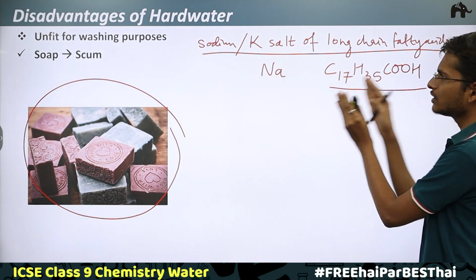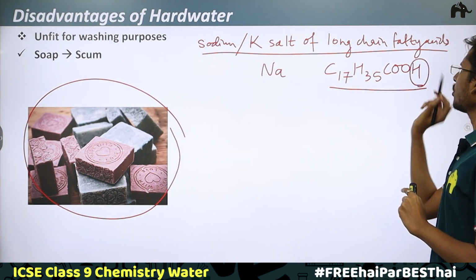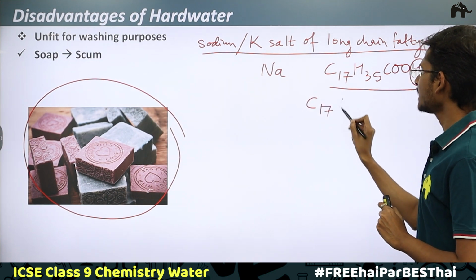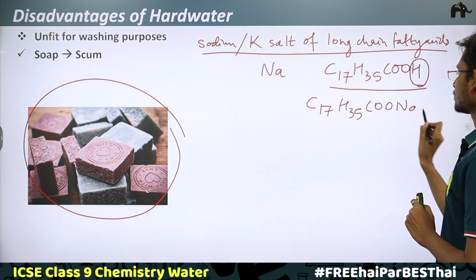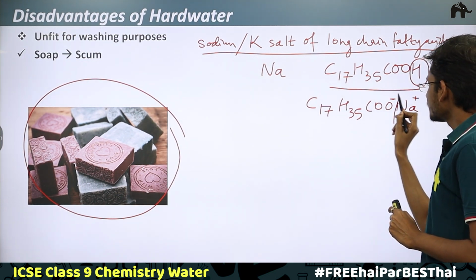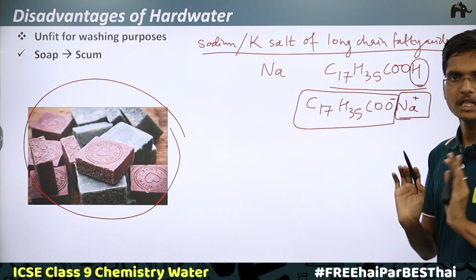Now when I'm talking about the sodium salt of this acid, this means that H of this acid is replaced by the Na. So this would be C17H35COONa. This would be minus, this would be plus. Fine. So this is the negative part, and this is the positive part of this substance. Clear?